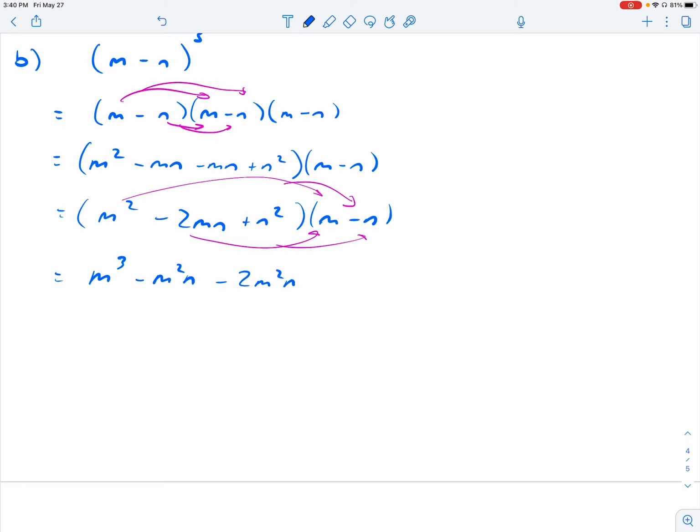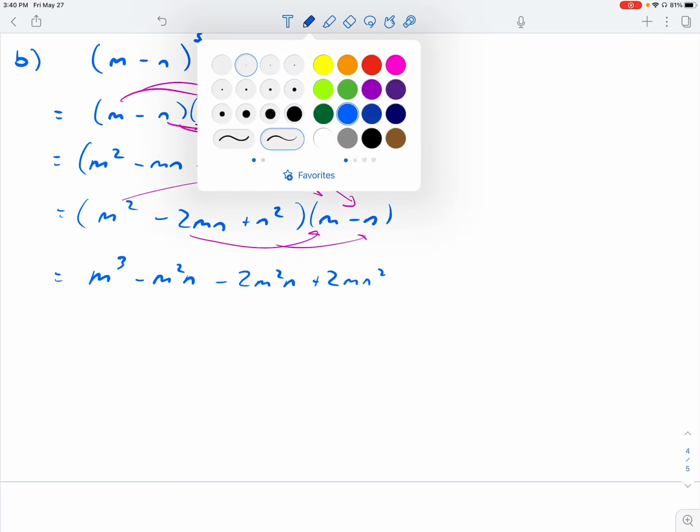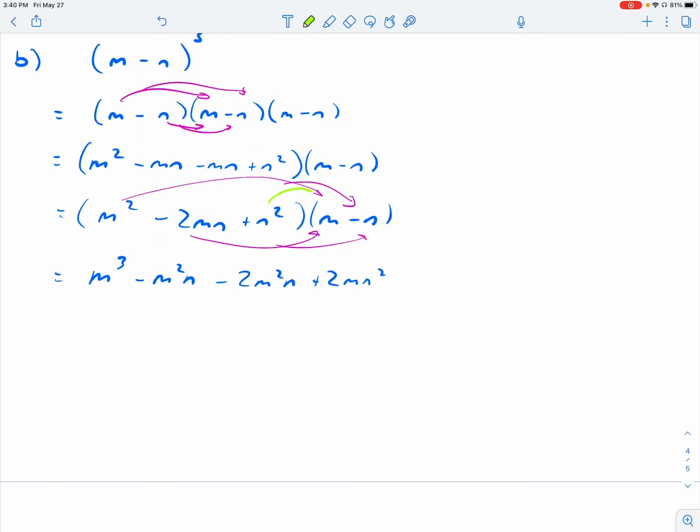And then we have minus 2 times minus 1, that's going to be plus 2, m, and then n times n is n squared. And now our last two, I'm just going to change colors for this one. We'll have n squared times m, and then times negative n. So then we'd have plus m n squared minus n cubed.